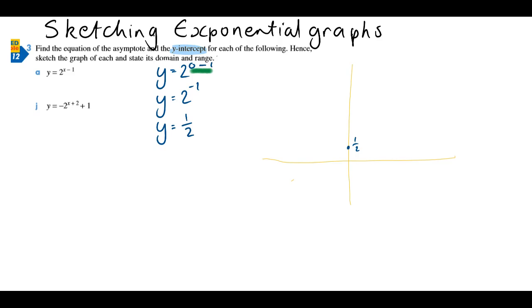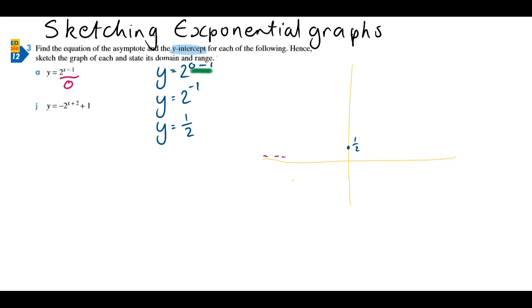Now what the asymptote is when x is really small in this one, this is going to become almost nothing. Okay, so when you get a really negative value of x, the 2 gets halved and halved and halved and halved until it's almost nothing. Okay, so our asymptote is 0, because all of this goes down to almost 0 as x gets really negative.